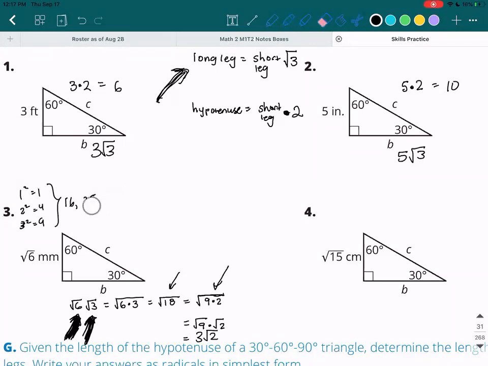So we found that the perfect square of 9 fits into 18. And 18 is 9 times 2. So I wrote 9 times 2. And then we break it up into 2 radicals: radical 9 times radical 2. And then we simplify. Radical 9 is 3. So then we get 3 radical 2.